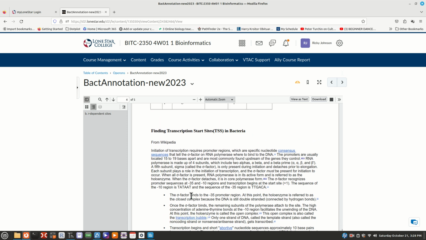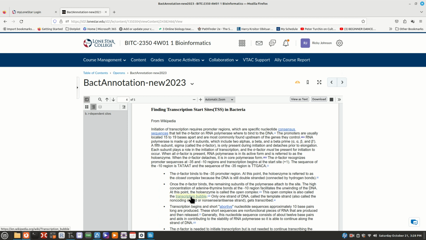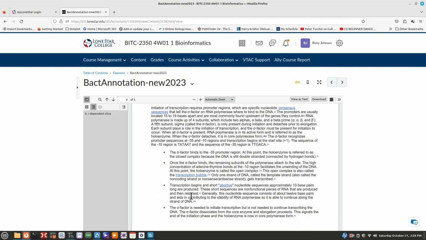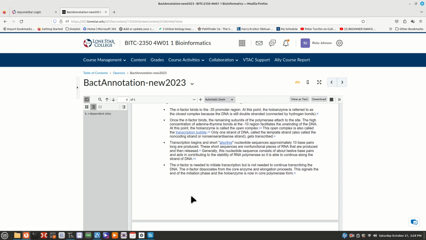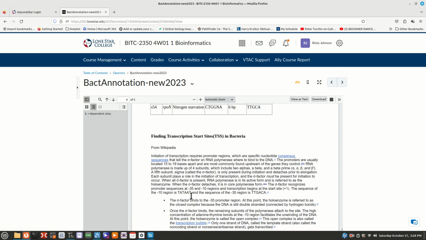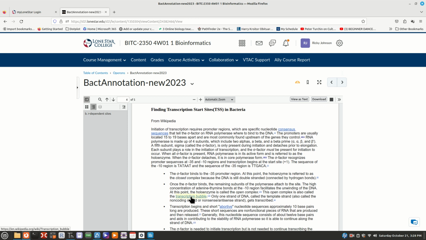So in a way, this is very easy, or it's very difficult. But if you actually have a functional mRNA in the database, it tells you where the start site is. So I'll do another one on the transcription start site in bacteria, and then I'll show you how to format all of your information together.